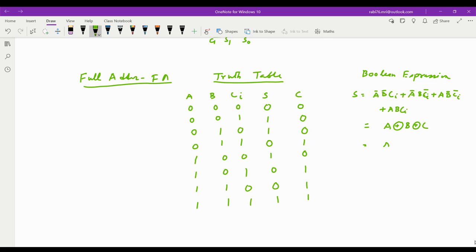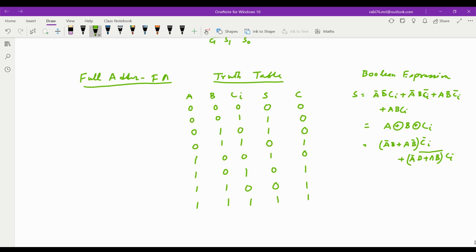First you do A bar B plus A B bar. This is A XOR B. Now the XOR of the whole thing: this is 1, so this will be Ci bar plus Ci, and this will be the whole of A bar B plus A B bar, with a bar, into Ci, right?